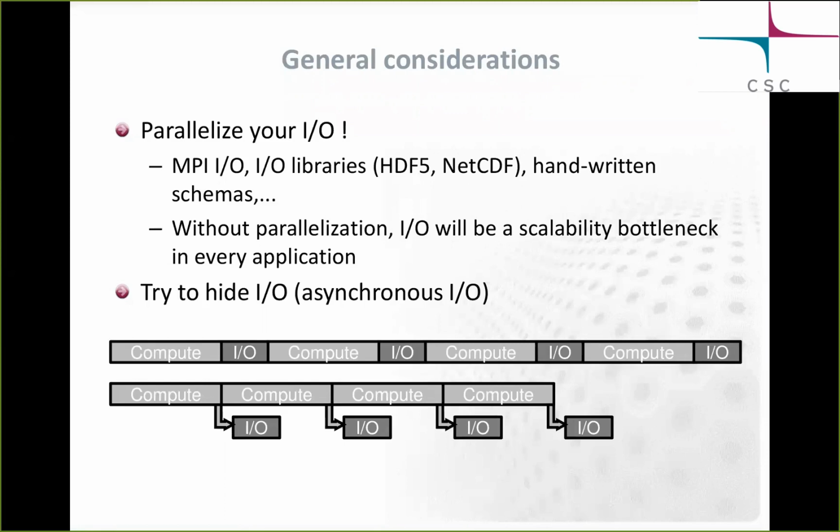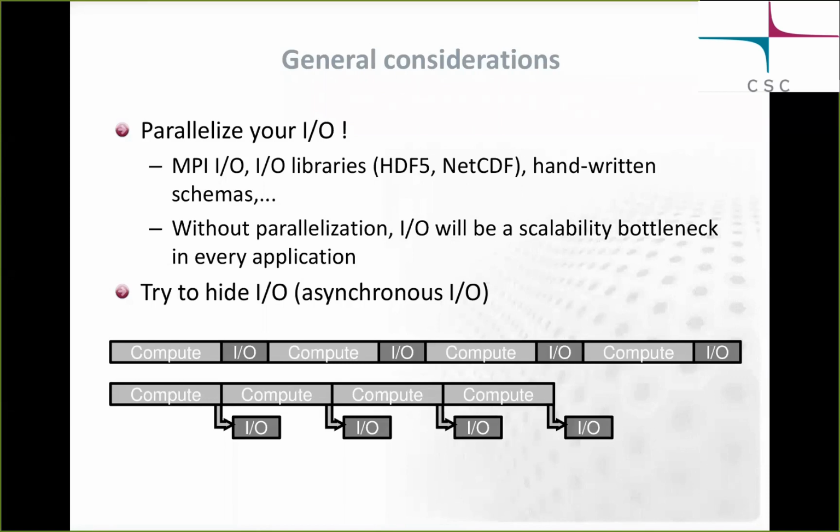There are a lot of options, varying from just using MPI-IO, or handwritten schemes where you communicate things and then write to disk, to high-level I/O libraries like HDF5, NetCDF, and so on. That's the first and foremost consideration. Serial I/O will always be a bottleneck, and in order to reach core counts beyond some trivial 4, 8, 16 MPI ranks, you have to resort to parallel I/O.